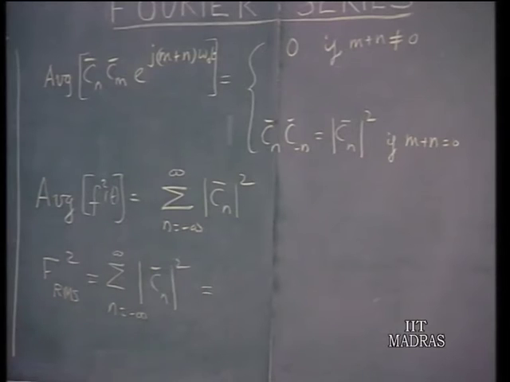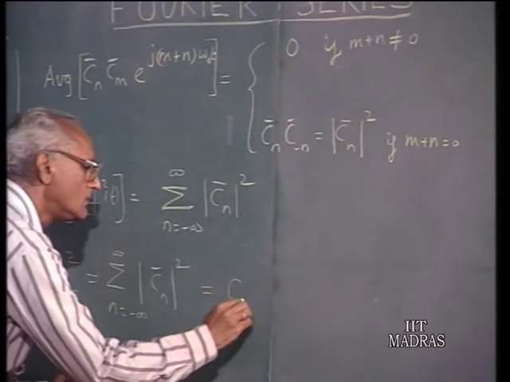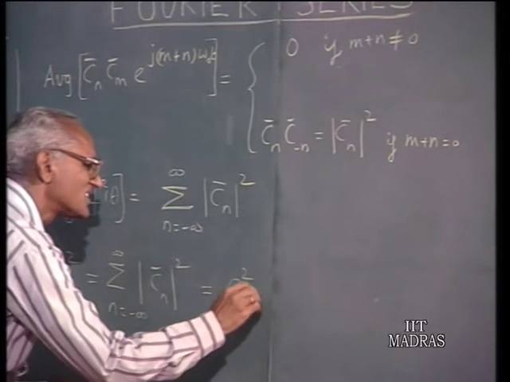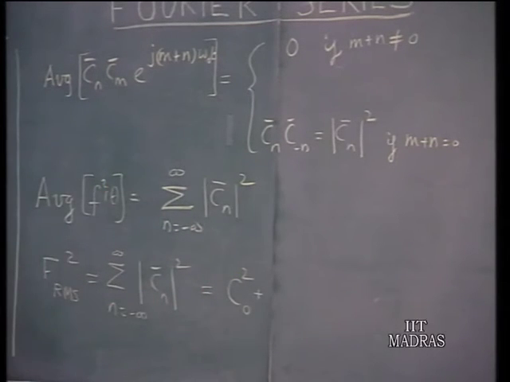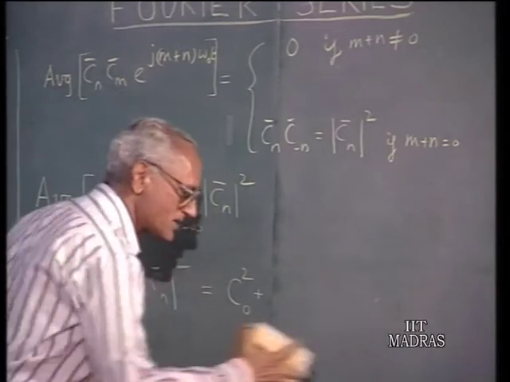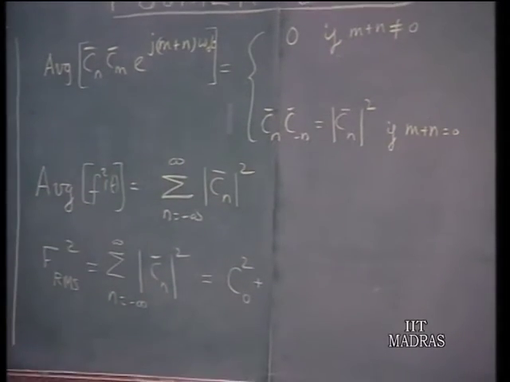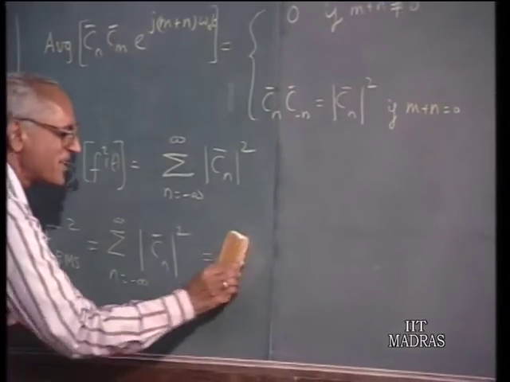You can see this can also be written as C naught squared, or I will put it as A naught squared because I would like to put this in terms of the coefficients of the trigonometric series.